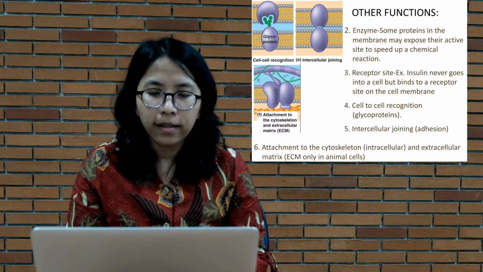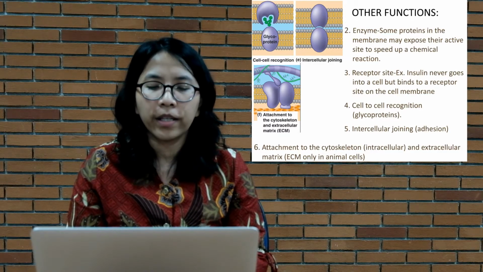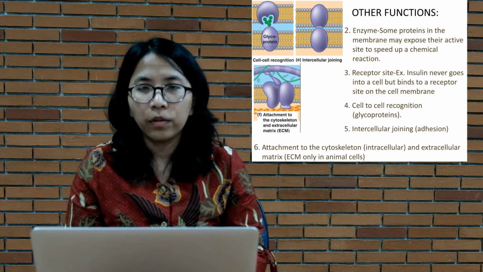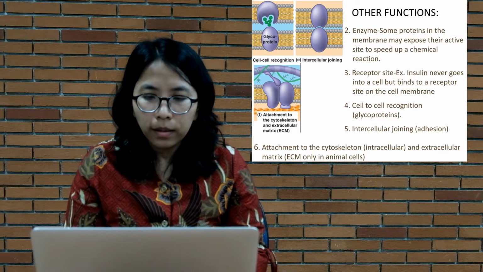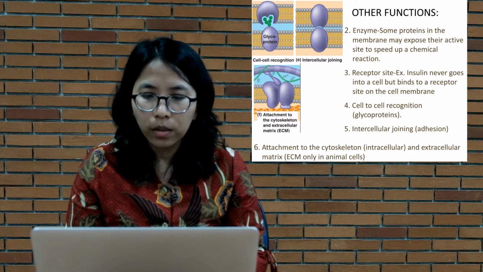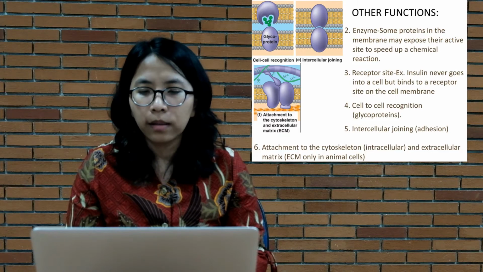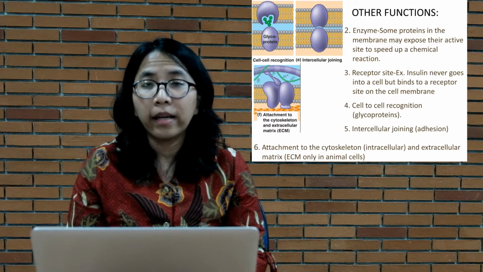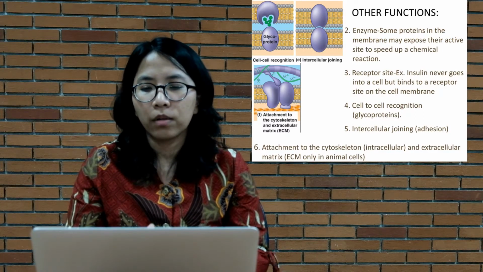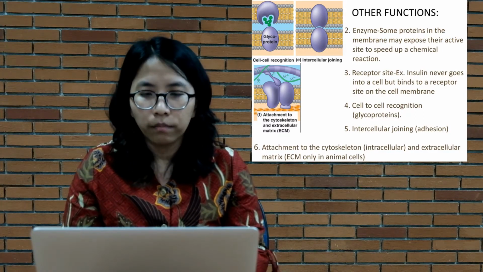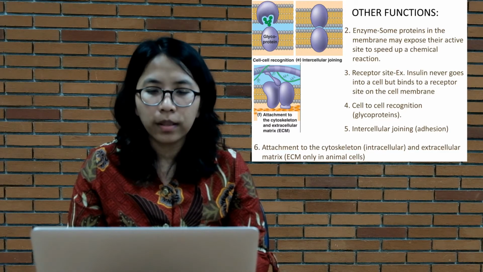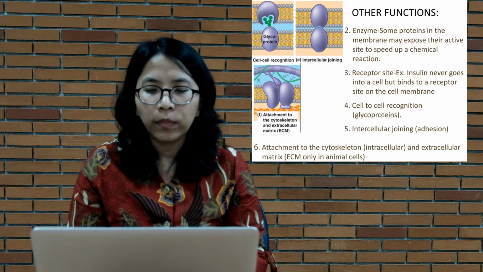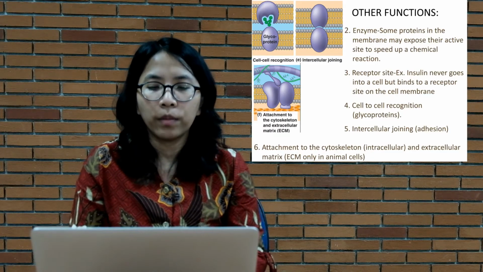Each cell has its specific marker which can be used to differentiate the types of cells. The next function is as the intercellular joint. So it can act as the adhesion of the cells to each other. The last function is to attach to the cytoskeleton and also the extracellular matrix.